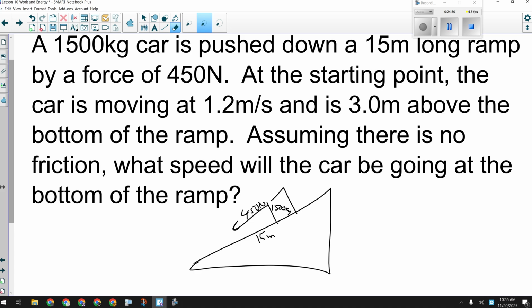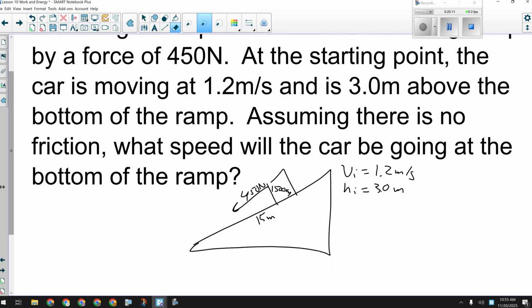At the beginning, the car is moving at 1.2 meters per second, and it is 3 meters above the bottom. Assuming there's no friction, how fast will it be going at the bottom of the ramp?